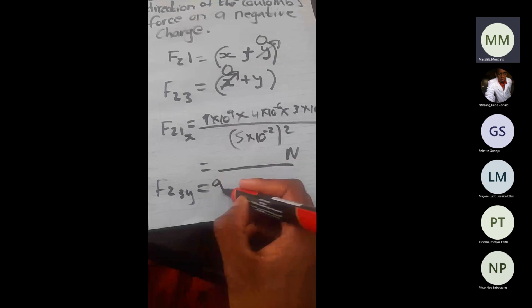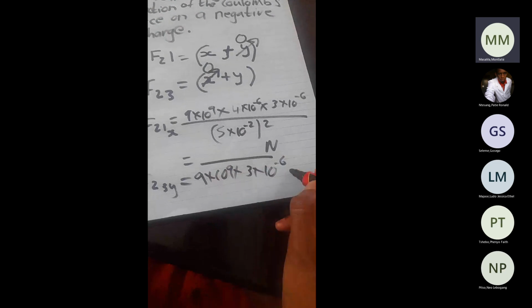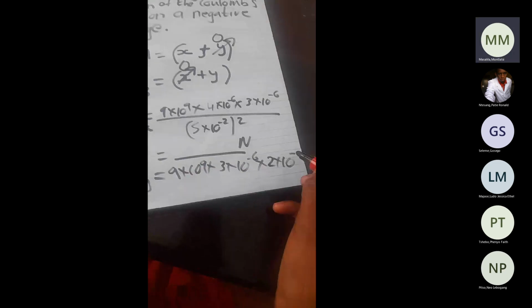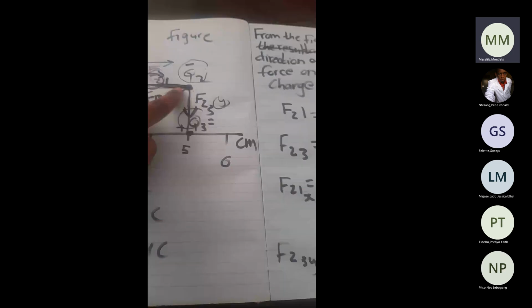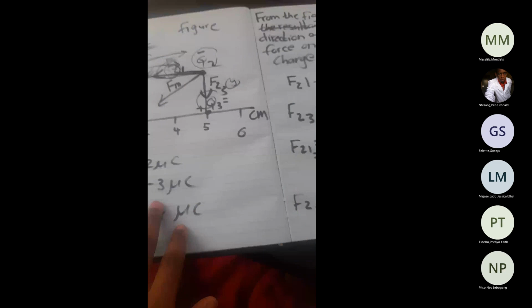So 9 times 10 to the power 9 times charge 2, which is 3 times 10 negative 6, times charge 3, which is 2 times 10 negative 6, over the distance from Q2, the center, to Q3.